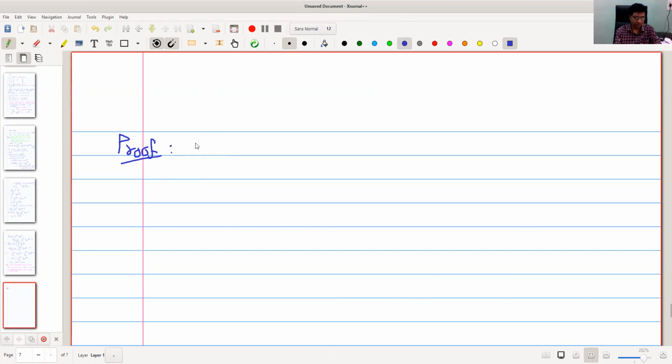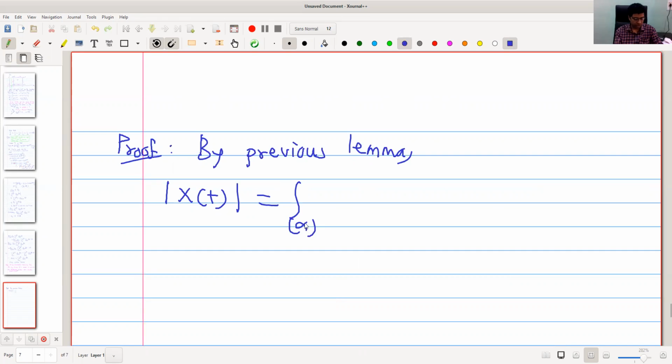So we are going to use the previous lemma. By the previous lemma, mod of x of t is equal to the integral along this line passing through alpha, e raised to lambda t into 1 upon h of lambda d lambda.